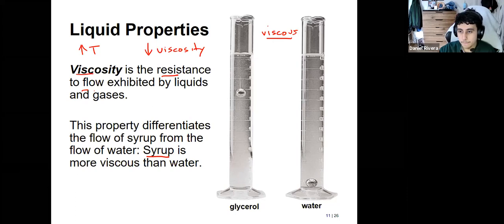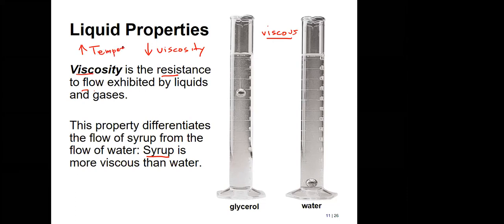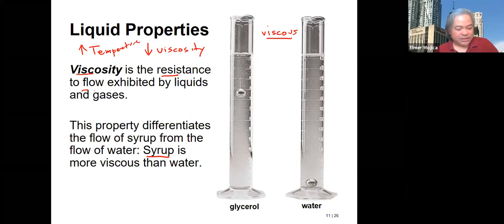By increasing the T, you're going to decrease the viscosity. What is the T here? Temperature. Just like what you do in hot molasses. So when you increase the temperature by heating it, okay, what happened to the molasses? They become easy to flow. Am I right?